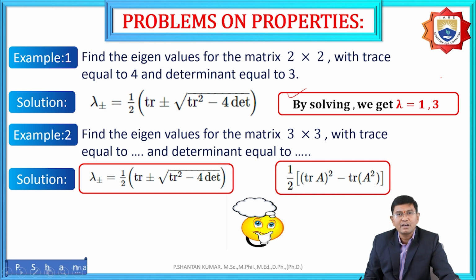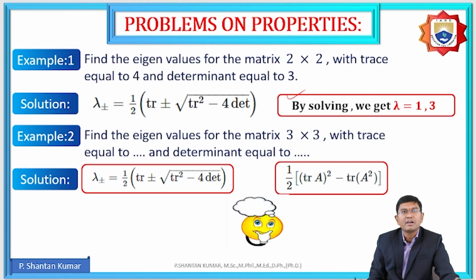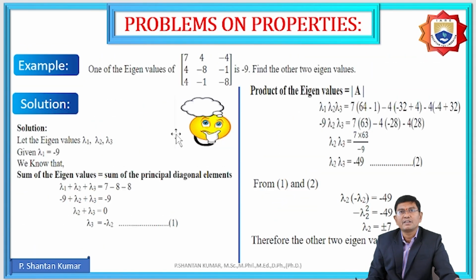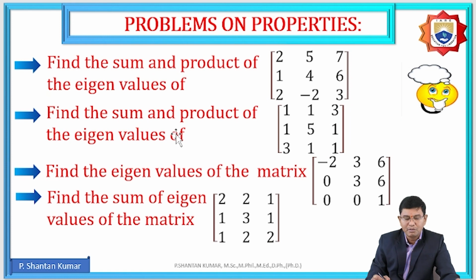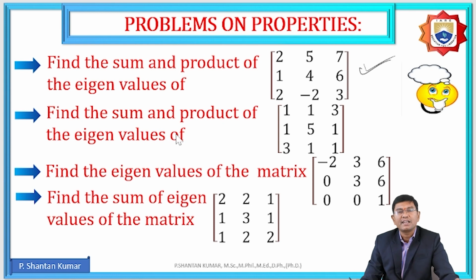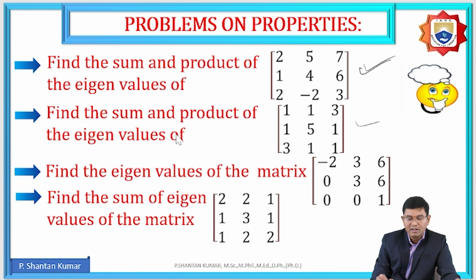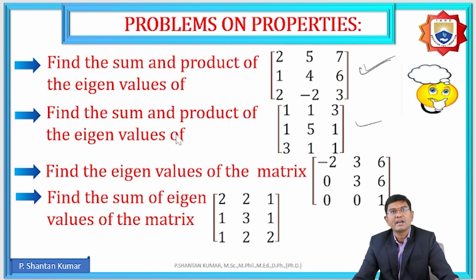For example, find the sum and the product, and here also we use the trace of the matrix and the product of the eigenvalues equal to the determinant of the matrix. Similarly, another problem asks for the sum and product of the eigenvalues.